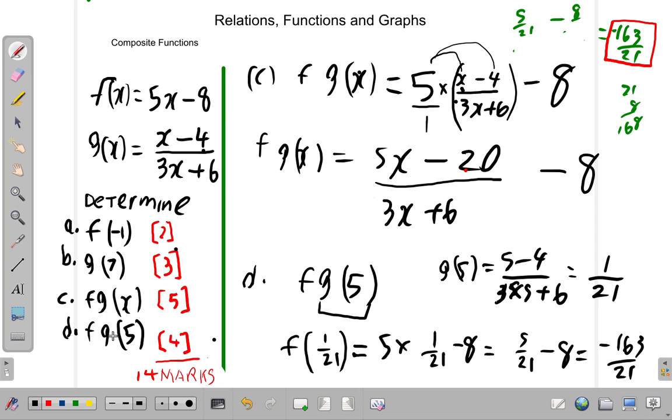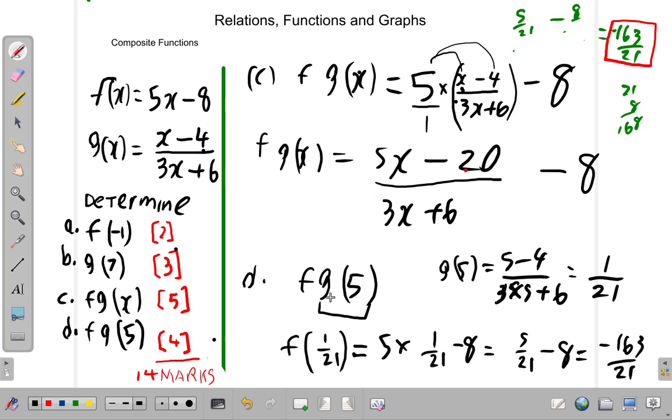If you are told to find fg of 5, or you're not told to find fg of x, you would not need to find fg of x before you go to fg of 5. In this case, we found fg of x, and then to get fg of 5, we remove the x and put 5 there. However, if you're not told to find fg of x and you're told to find fg of 5, you just go directly to fg of 5. Just find g of 5, then find f of that.